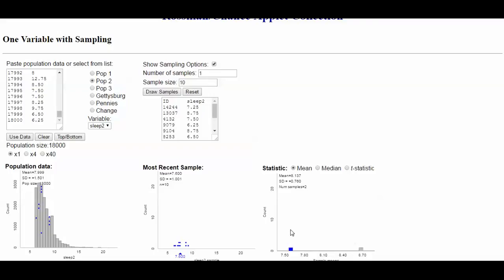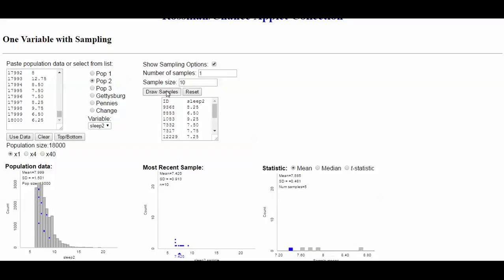So if we keep doing this over and over again, the sample means are going to pile up toward the low end, and they're not going to pile up as much at the high end, because we're going to be getting a lot more sleep-deprived samples and a lot fewer well-rested samples. So the sampling distribution right here is going to end up looking like the population. It's going to be positively skewed because, like I said, the sample means will pile up here at this end more quickly than they do over at this end.